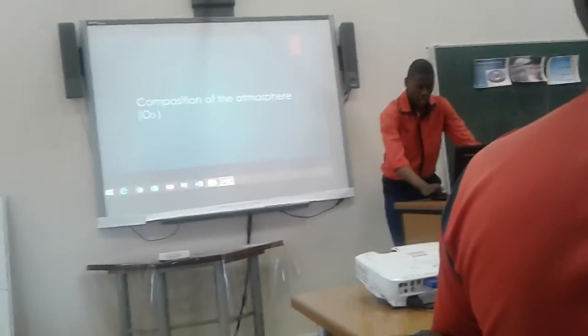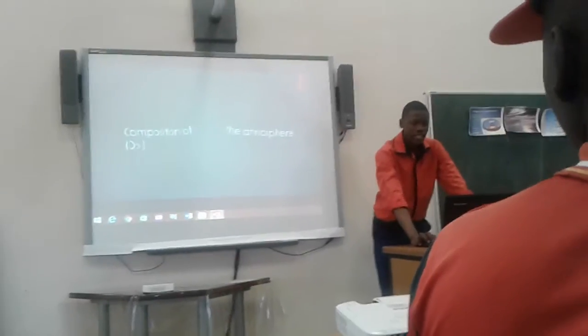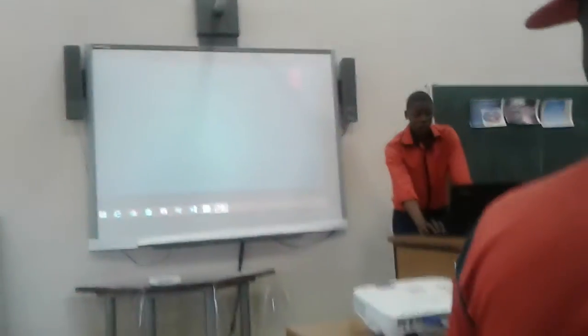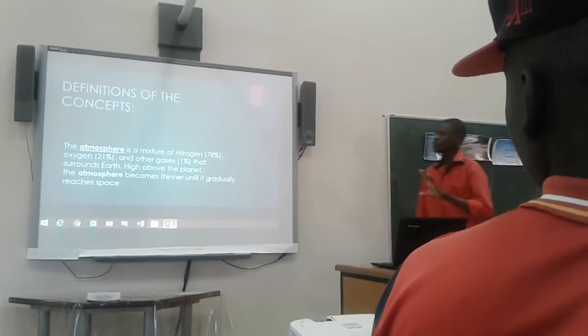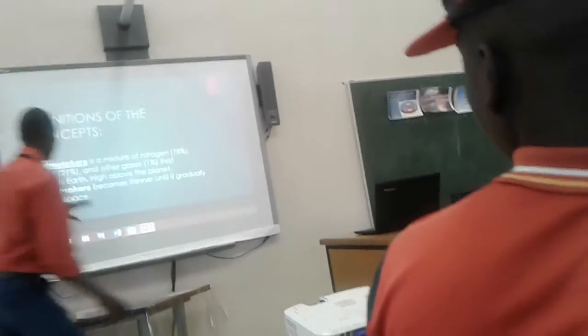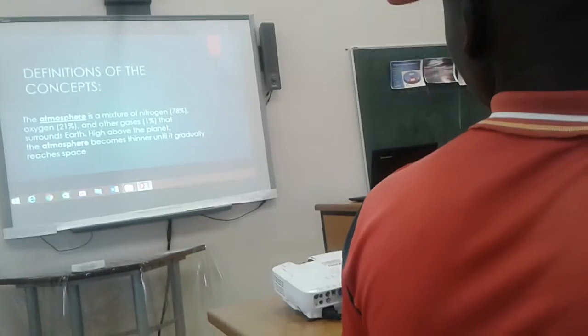Alright? Yes. Now, the composition we are talking of, things that make up that atmosphere. Then, in the next slide, this is what you have to know. This is how a grade 11 learner is expected to define the atmosphere. We are saying the atmosphere is a mixture of gases. What are those gases?